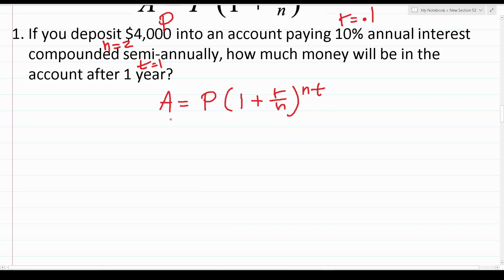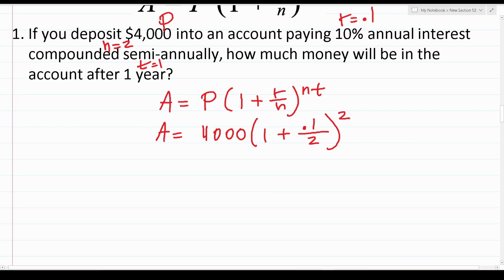So we have A equals, our principal was $4,000. 1 plus our interest rate was 10%, which we express in decimal form as 0.1. N was 2 since it was semi-annually or twice per year.